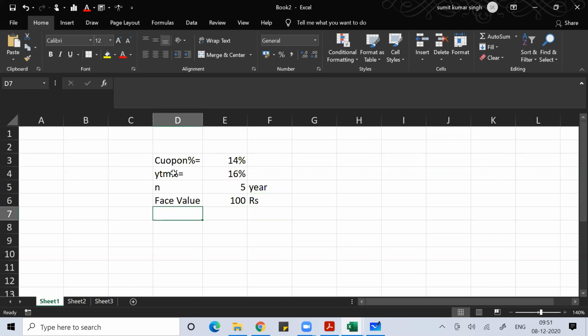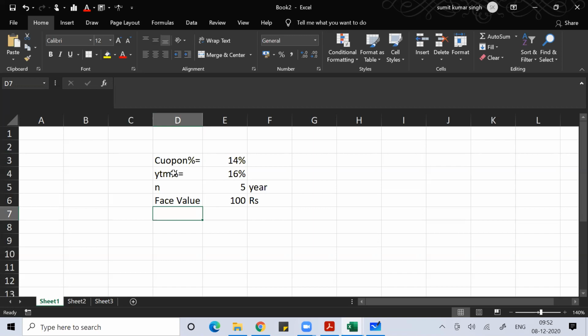Basically, the debt instruments we use for investment purposes are non-amortizing debt instruments. So in this kind of debt instrument, we normally pay only the coupon or the interest after every regular interval of time, and then on maturity we pay the face value. This is how we work on these debt instruments.